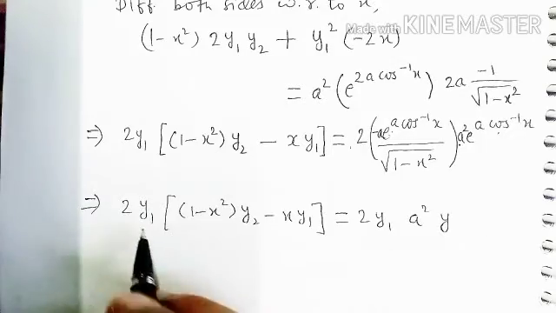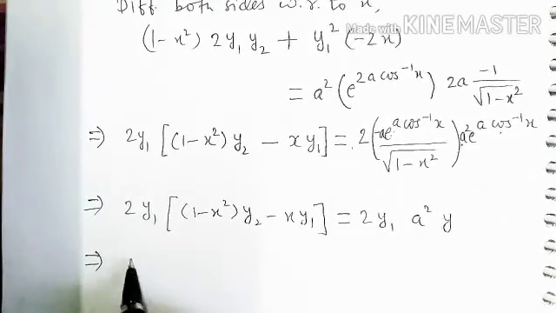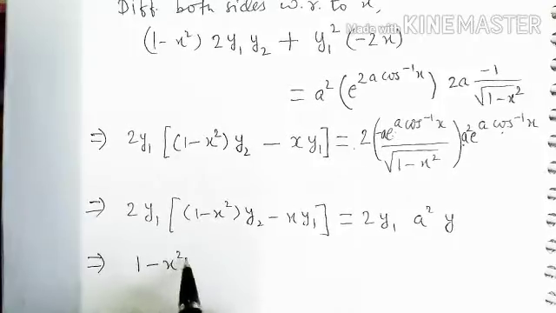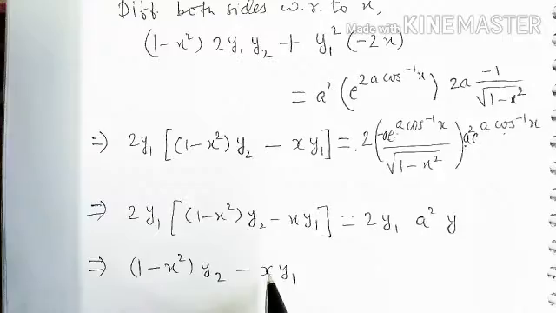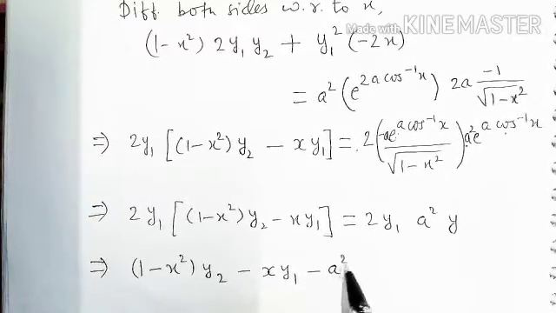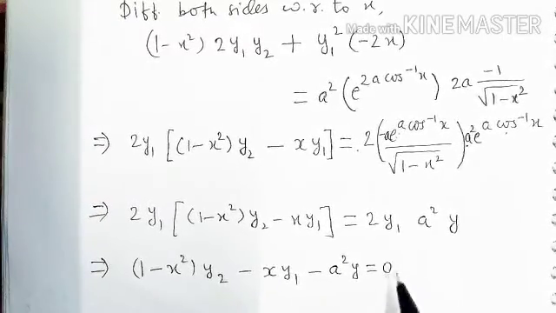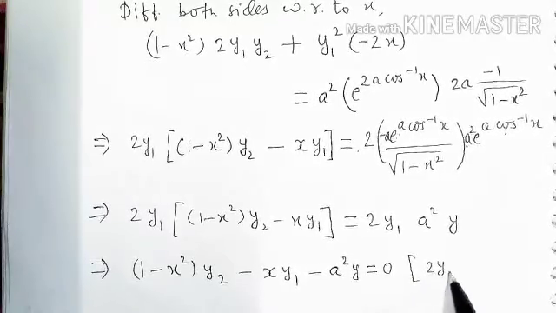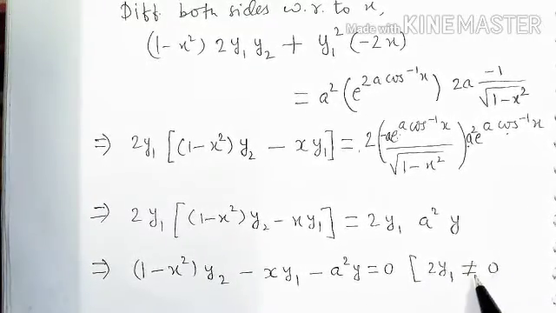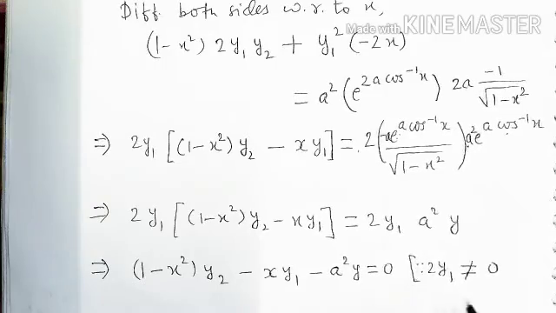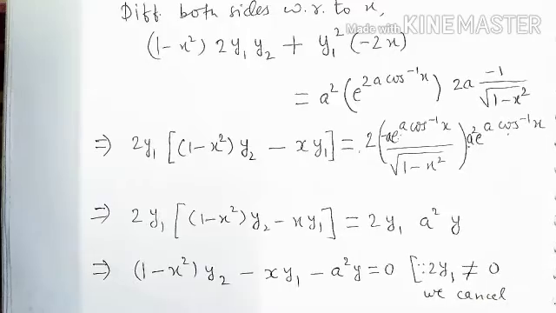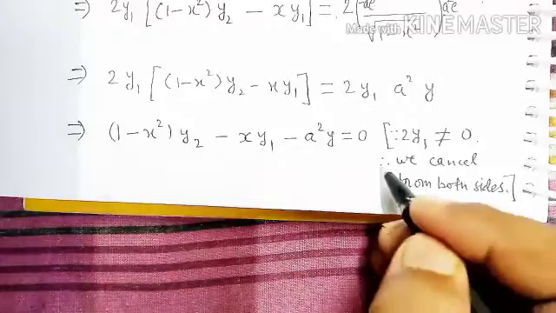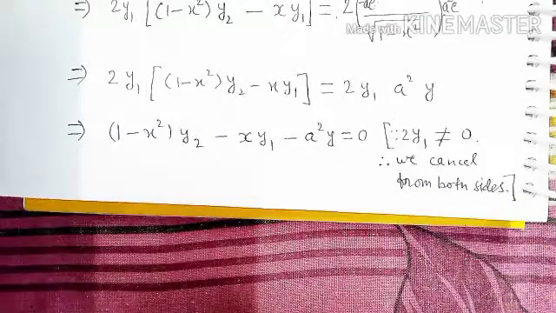Now we can cancel 2y1 from both sides. So we have 1 minus x square y2 minus x y1 minus a square y is equal to 0, since 2y1 is not equal to 0, therefore we cancel from both sides.